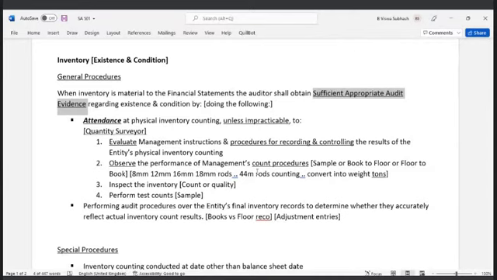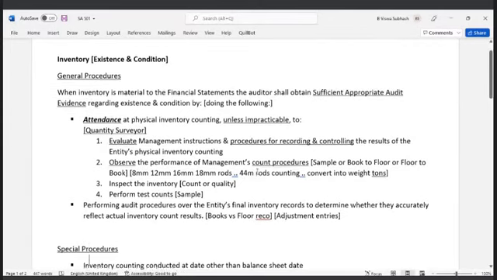All that you are getting basically becomes your sufficient appropriate audit evidence. These are the general procedures that they are suggesting.